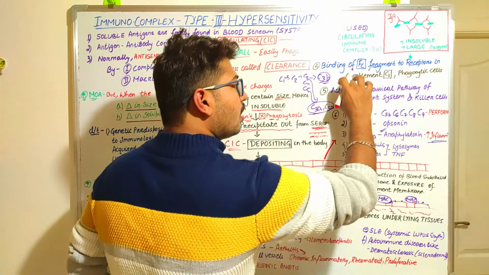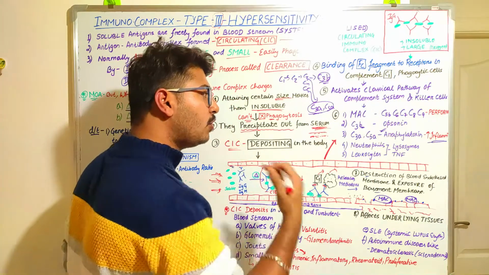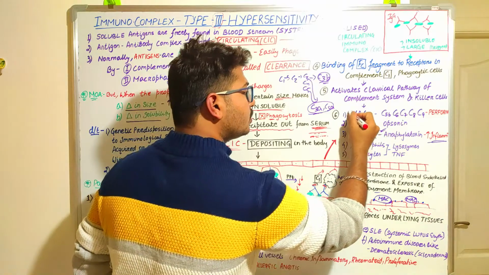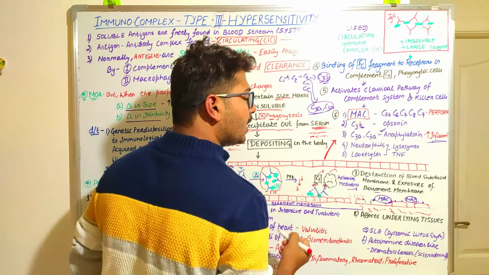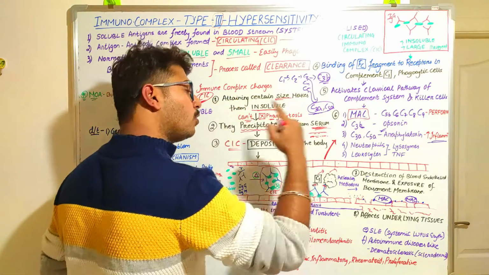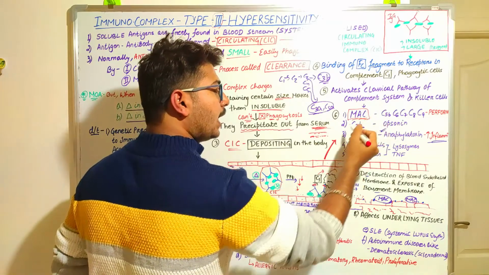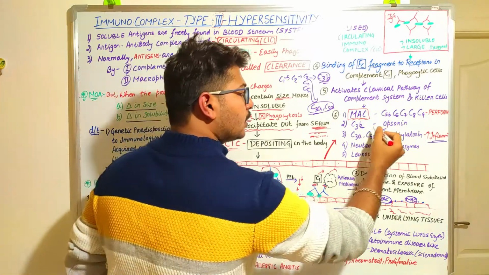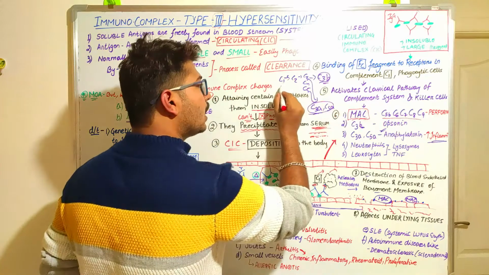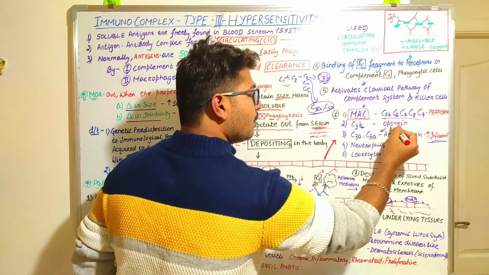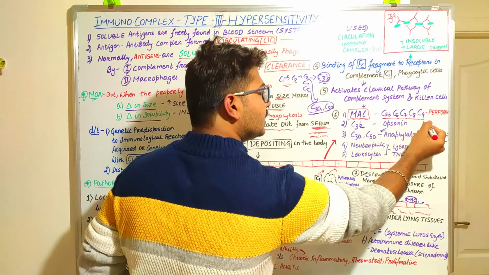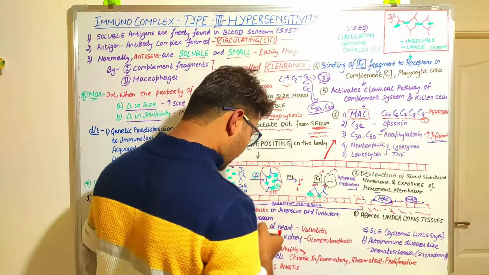Next, if the complement system is fully activated, then they are going to produce the membrane attack complex. As we have also discussed, the membrane attack complex is a group of proteins of the complement, that is C5b, C6, C7, C8 and C9 in a round manner.